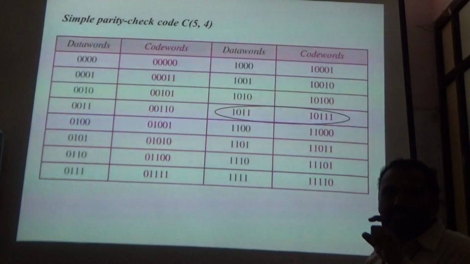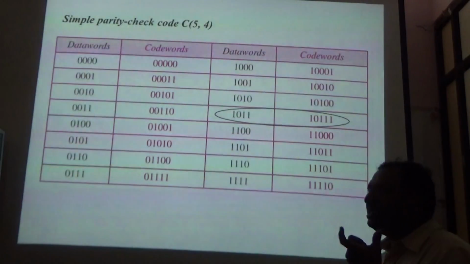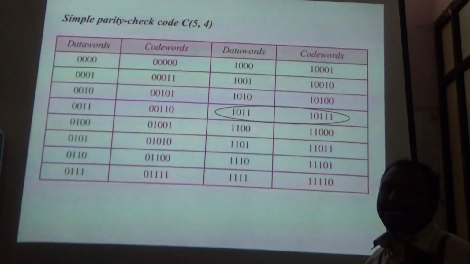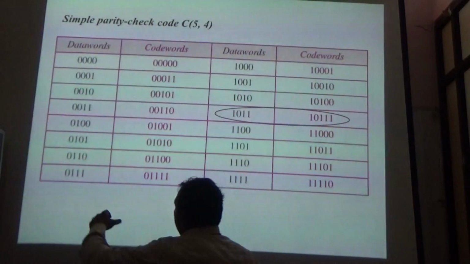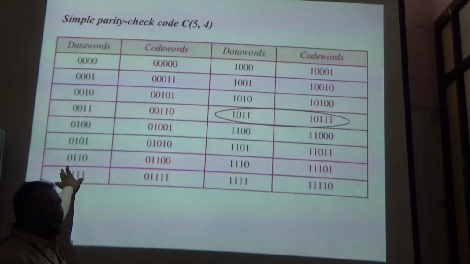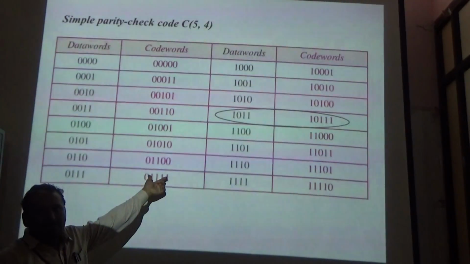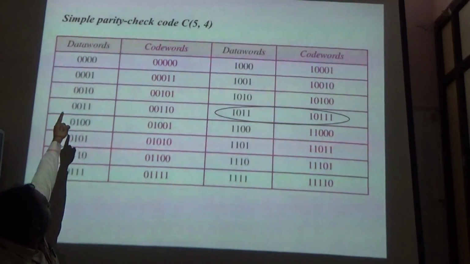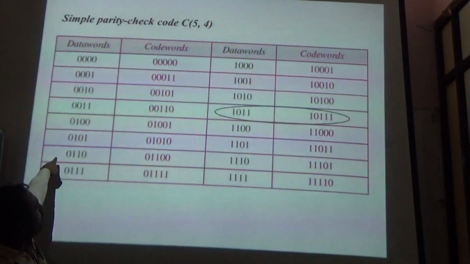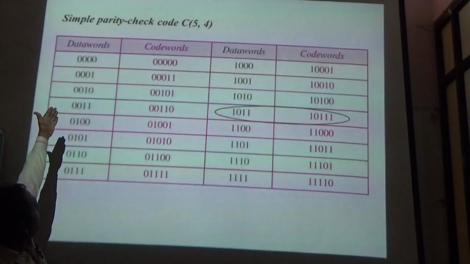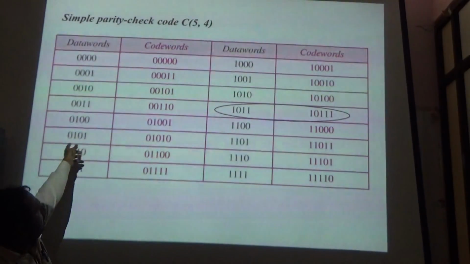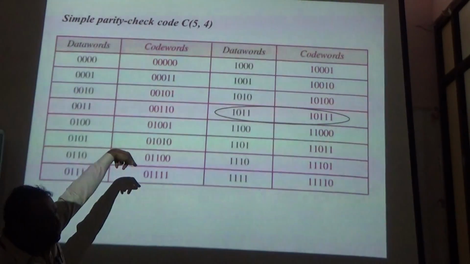That means the generator operation is nothing but your parity check operation. Data words are defined with the black color, code words generated with the pink color. So these black ones are the data words. Depending upon the parity of the data word, the last bit will be changed.